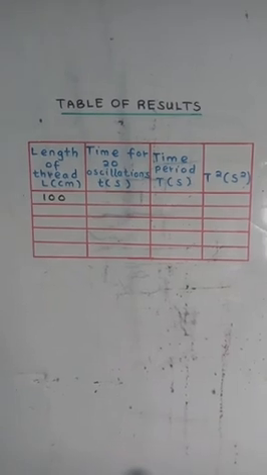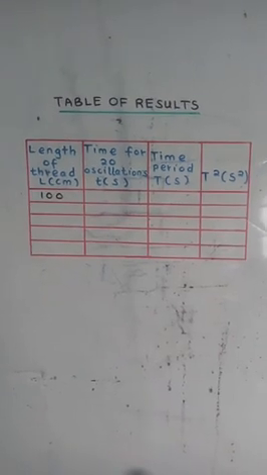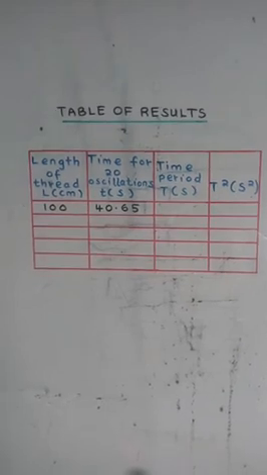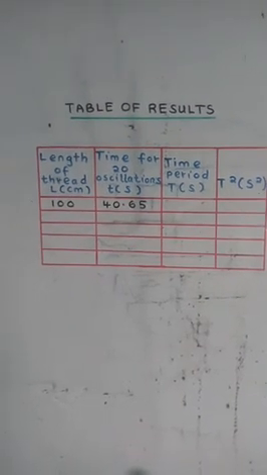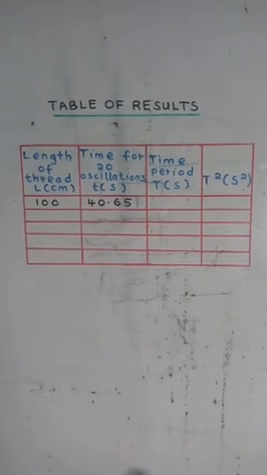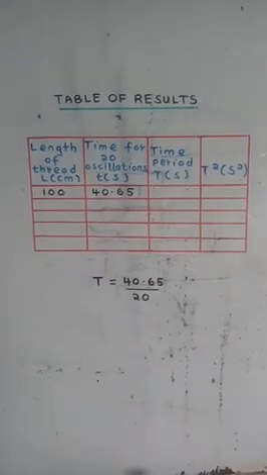For 100 centimeters. Time for 20 oscillations is 40.65 seconds.